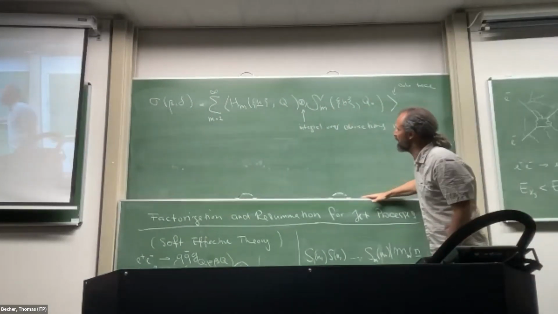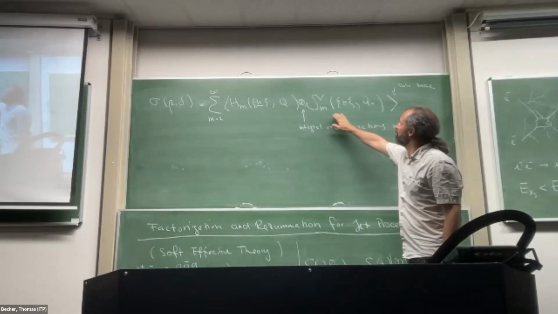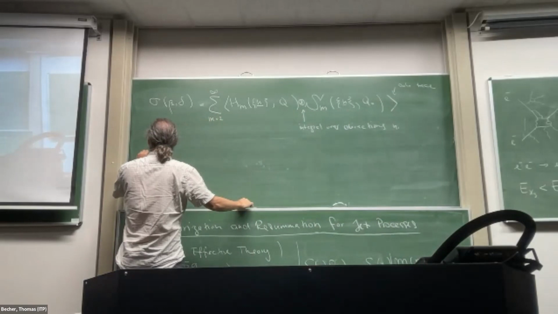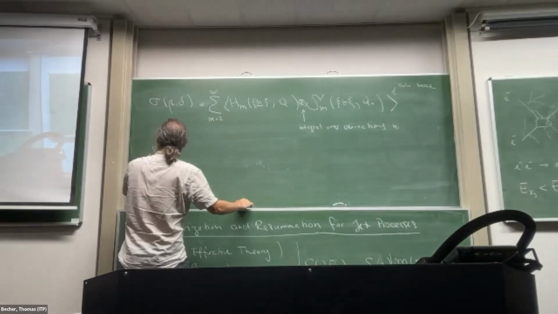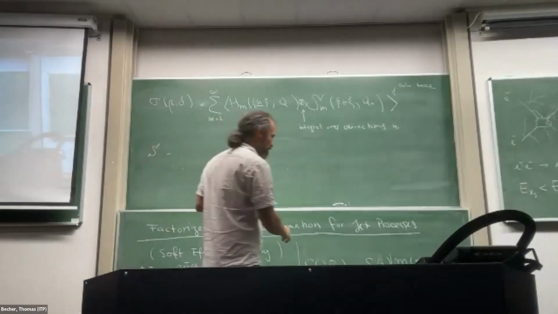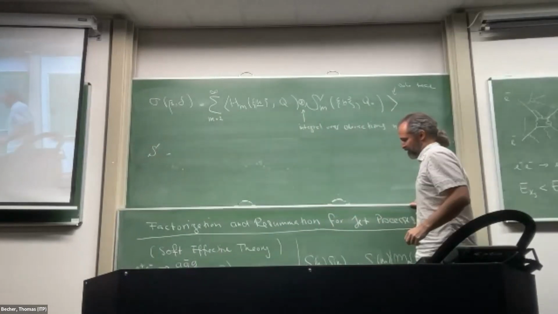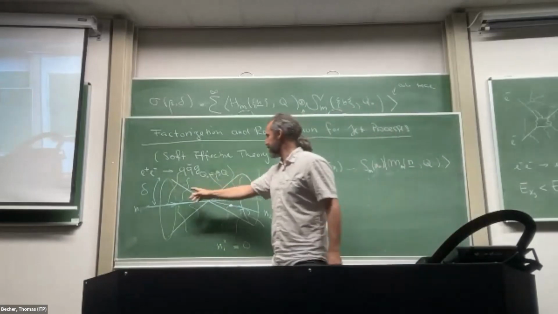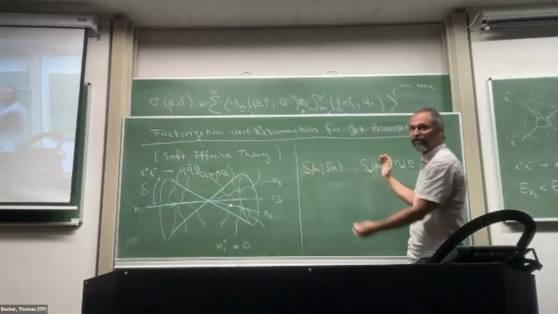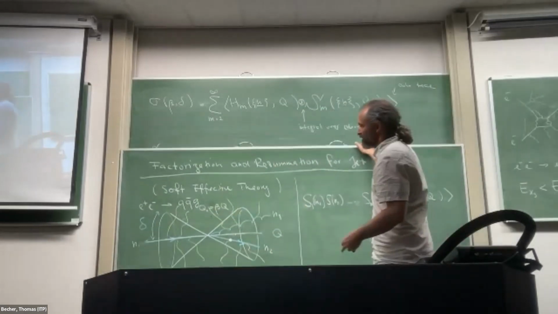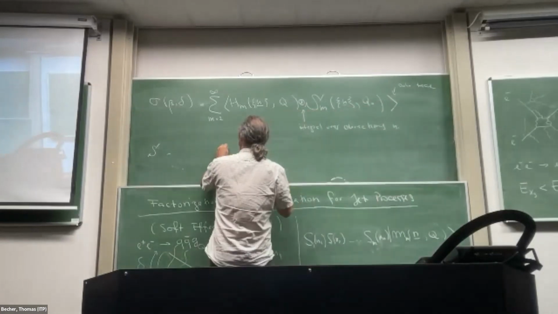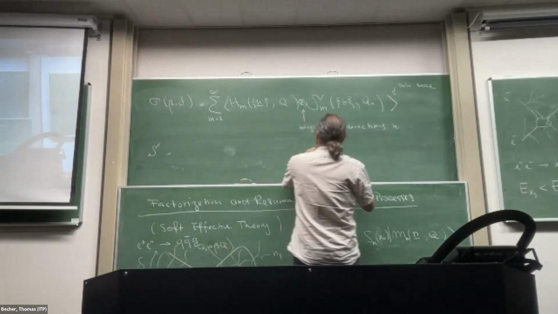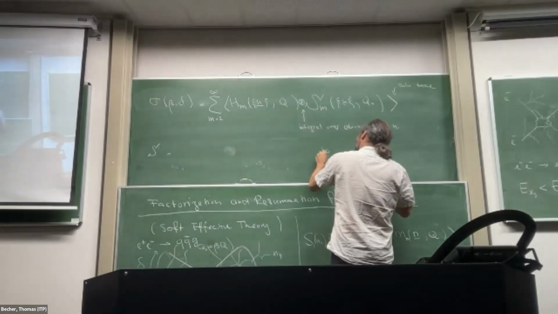And let me write out the definitions, maybe first of this soft function. To get these soft particles, I have to take the matrix element of all these Wilson lines. So I don't have any incoming particles anymore.